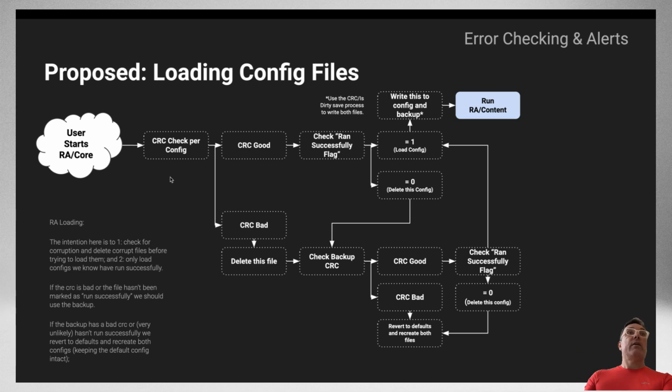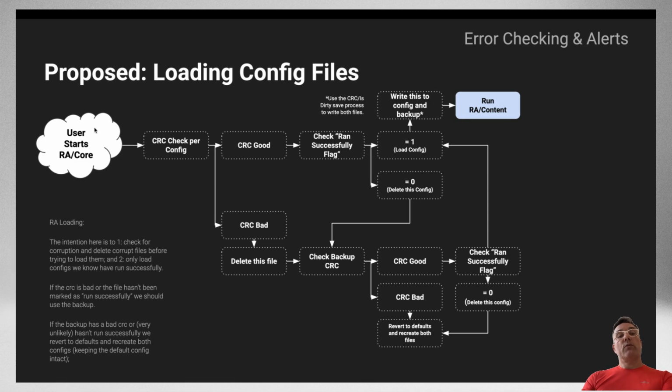Conversely, if the main file is fine, we would always, I think, sanity check the backup, or potentially just write over the backup once we're done. And so that way, if the backup ever became corrupt, as long as the main file works, next time it saves, it's going to save both of them.